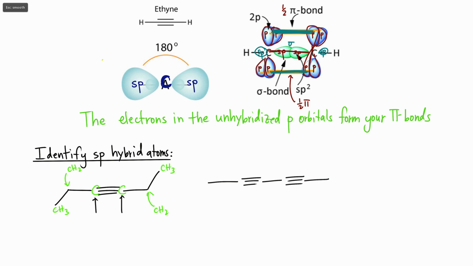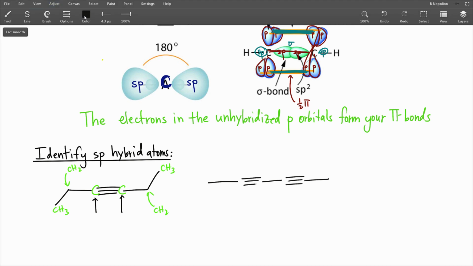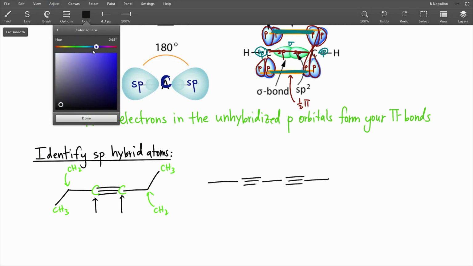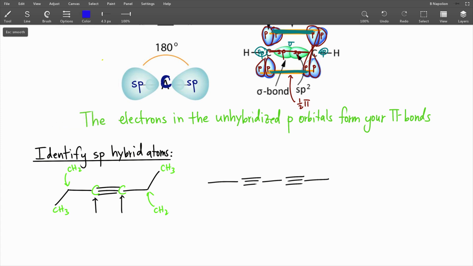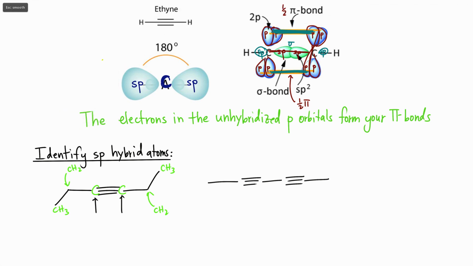Now let's look at both of these molecules and determine the sp hybrid atoms. So I talked about in chapter 1 electron domains, or electron groups.